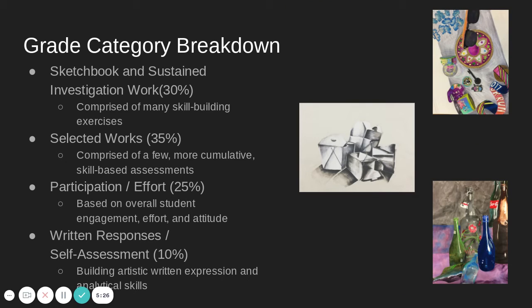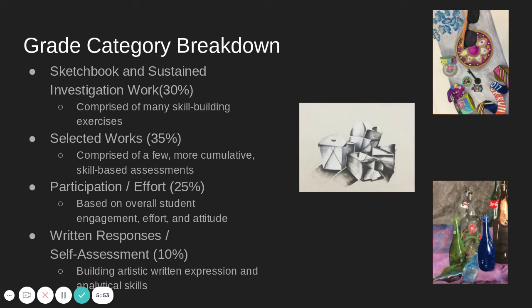So the grade category breakdown for this class is a bit different than in the past. Students still need to have a sketchbook, but the small assignment category is now called the sketchbook and sustained investigation work. That will be tracked weekly for student progress, and it's many skill building exercises essentially, but also, again, self-investigation, research, things of that nature.